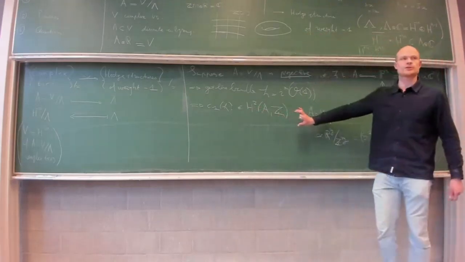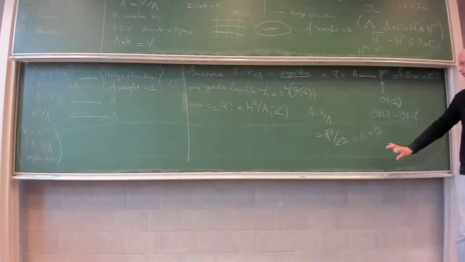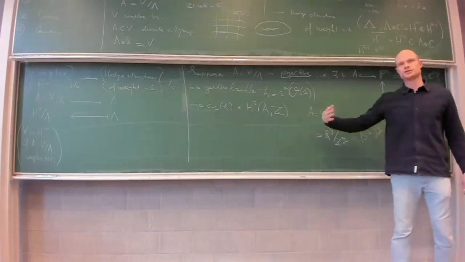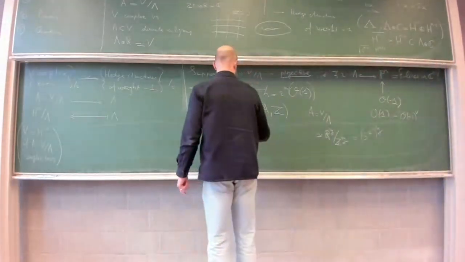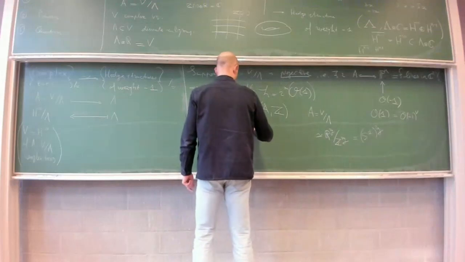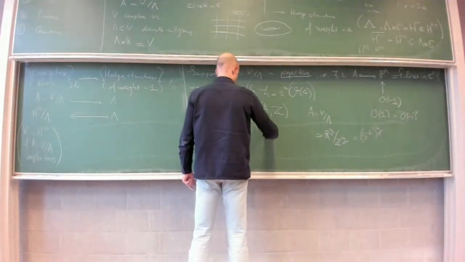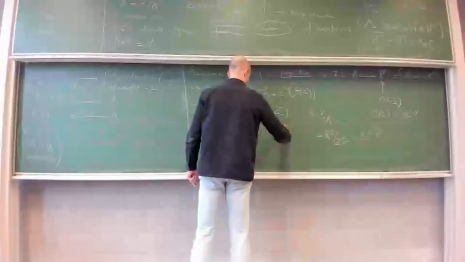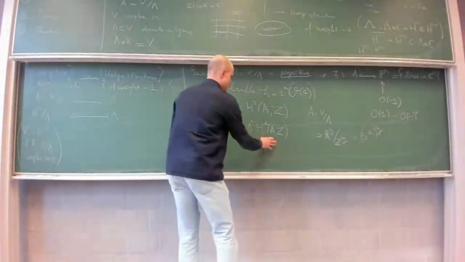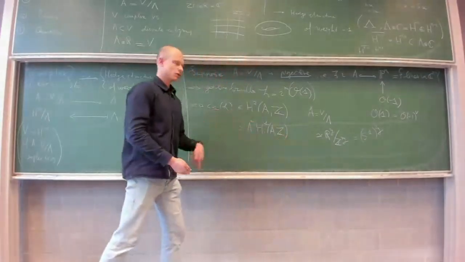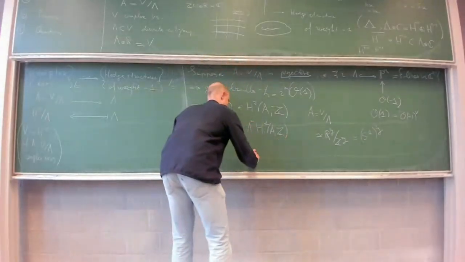But then we can completely determine the cohomology groups. Whenever you have a space like this, the cohomology groups are all generated by the first cohomology group. So H^2 is going to be the second wedge power of H^1. H^1 we can identify with the dual of H lower 1.